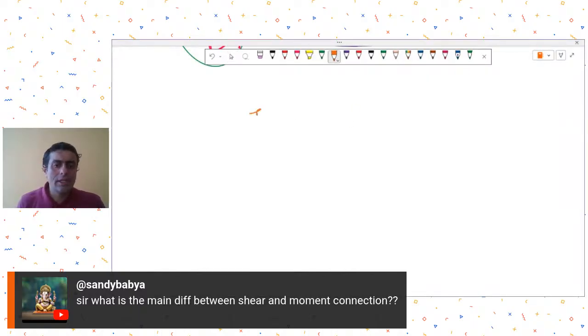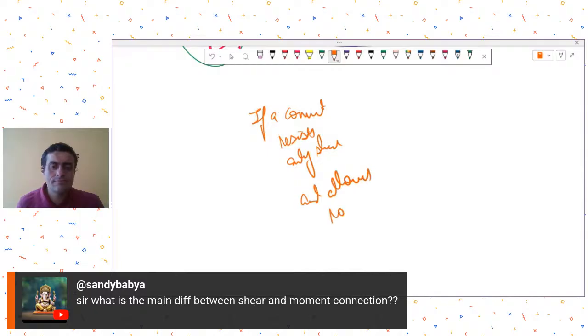If a connection resists only shear and allows rotation, then which connection will it be? Tell me. Anyone from the live audience? I'm saying if a connection resists only shear forces and it allows the members to rotate at the connection junction, then which type of connection will it be?